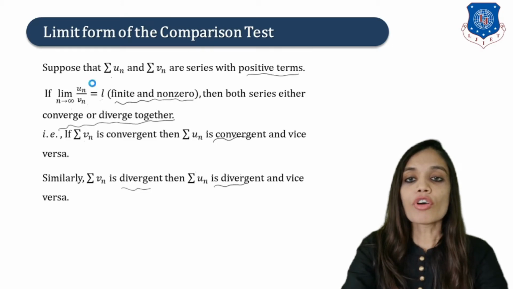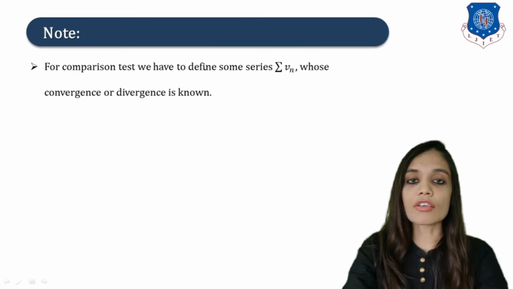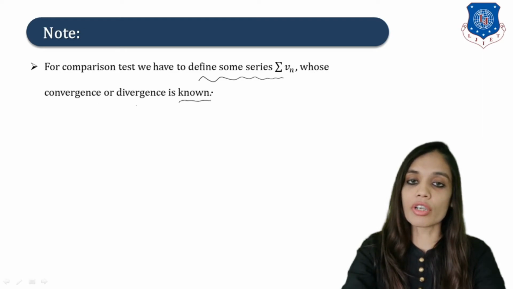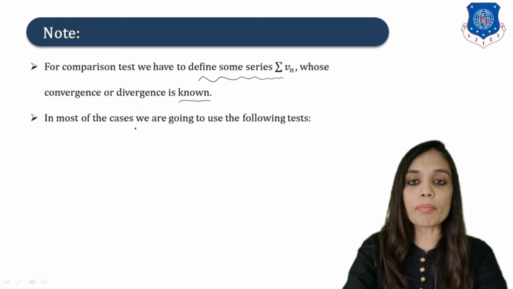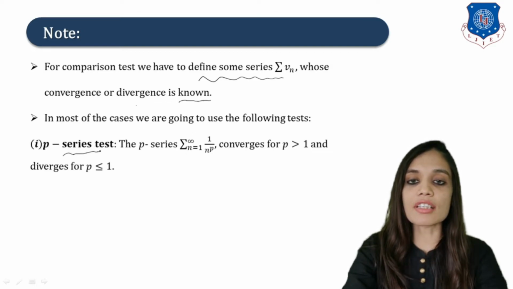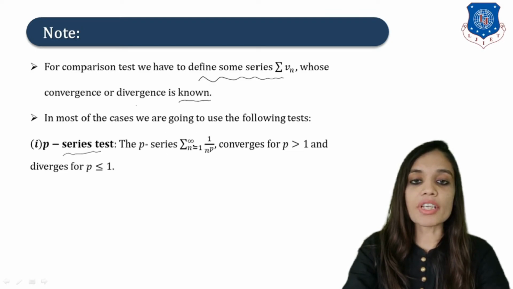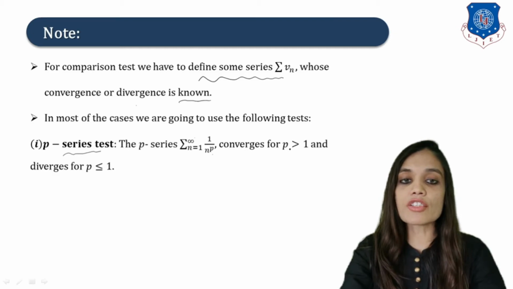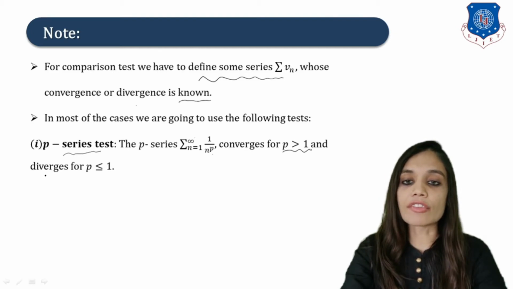Then only we can apply our limit comparison test. Okay? So now, for both the comparison tests, firstly we will define some series Vn whose convergence or divergence is known. Next, we will apply mostly two types of test. First is our P series test: the series summation n is equal to 1 to infinity 1 upon n raised to p converges for p greater than 1 and diverges for p less than or equal to 1.